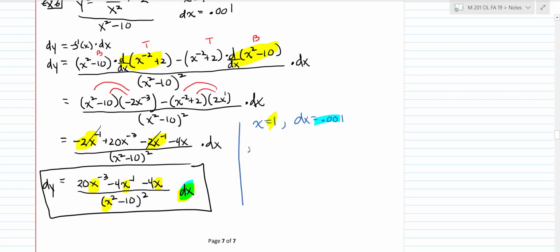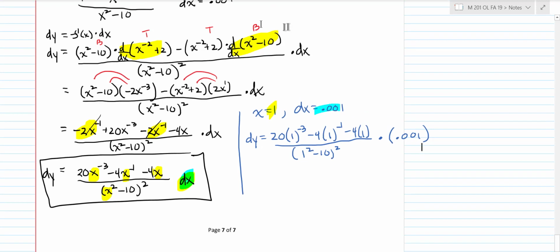And let's just do this on the calculator. So I'll set this up. I have 20 times 1 to the negative 3 minus 4 times 1 to the negative 1 minus 4 times 1, all over, and then the bottom would be 1 to the second minus 10 to the second, and then times dx, and then dx is given as a small quantity, 0.001, like that.